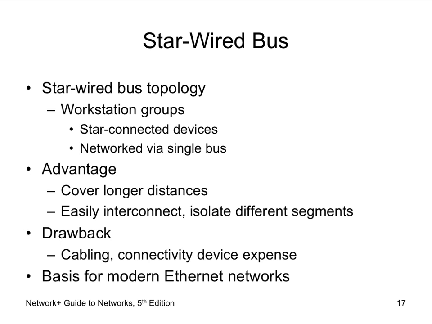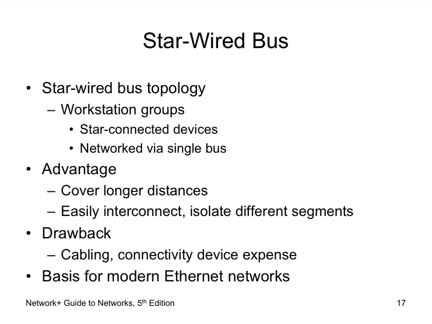Workstations in a star wired bus topology are literally grouped, if you were to visually look at it from the top, like a star, basically. You've got the computers on the outside and the intermediary devices in the middle of that structure. Advantages: it can cover longer distances, easily interconnect with other networks, and isolate different segments.